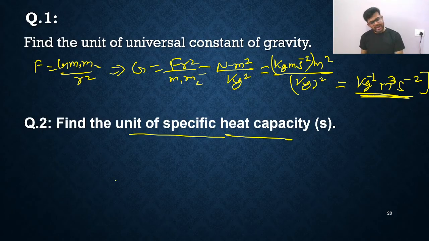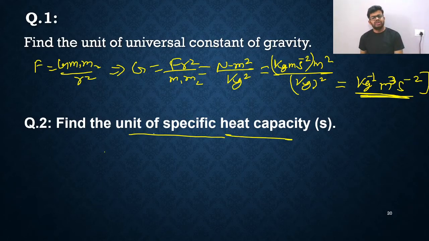When the chapter comes, the physical formula will come, and automatically you will be able to write the unit and dimension. I am just teaching you the basic method and rules to find units and dimensions.